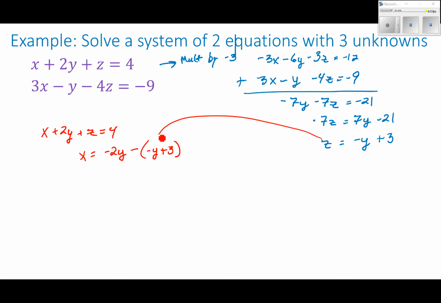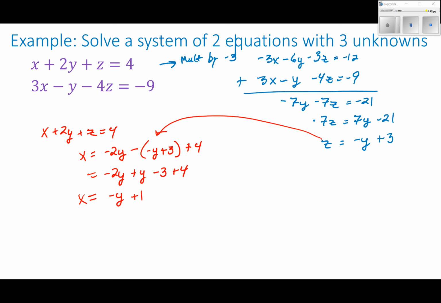So z is this piece, negative y plus 3, and then still plus 4. All right, so we can simplify this. So this is negative 2y plus y minus 3 plus 4. So this is going to be negative y plus 1. So x is negative y plus 1.